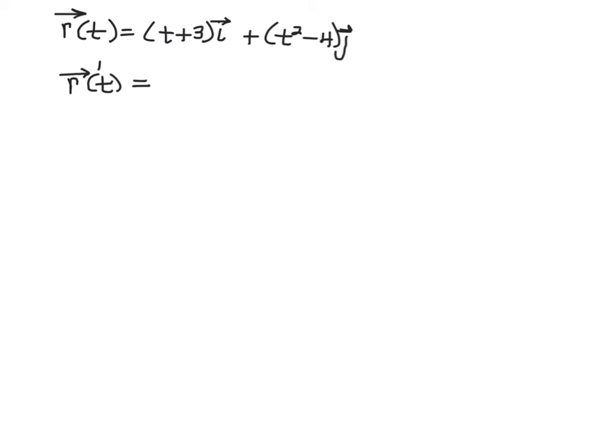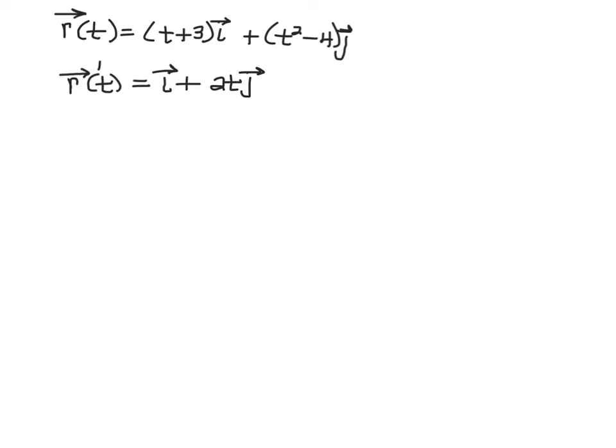So that's just going to be 1i, or just i, plus the derivative of t squared minus 4 with respect to time, and that's 2t, in the j direction.